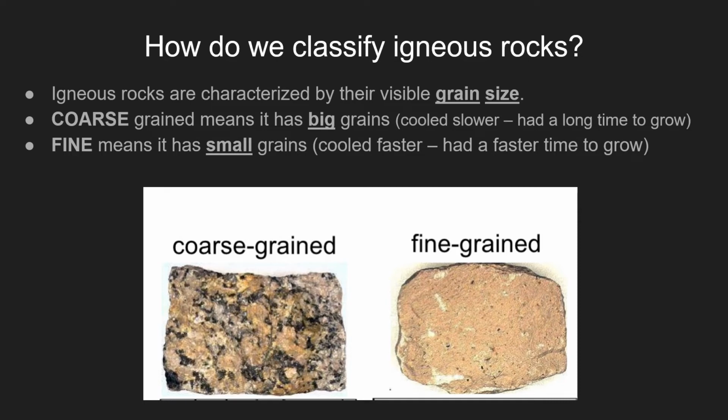So we know if it's cooling slower, it probably cooled from magma inside the Earth. And on the right, we have some fine grains. They're very small. You can hardly see any grains at all. And we know this cooled faster because they had not very much time to grow at all. So we know that probably happened outside the Earth because it cooled much faster.